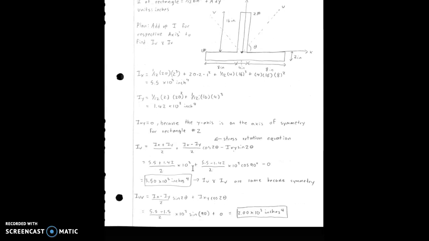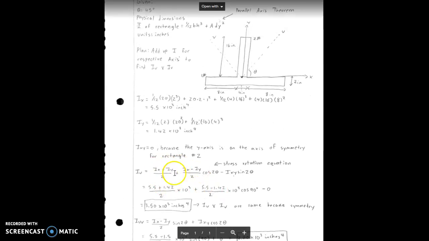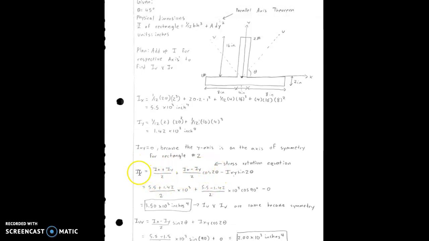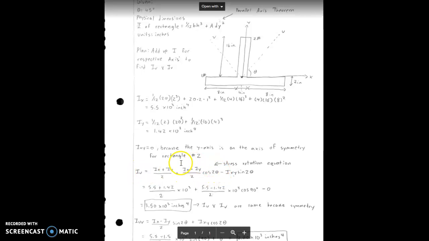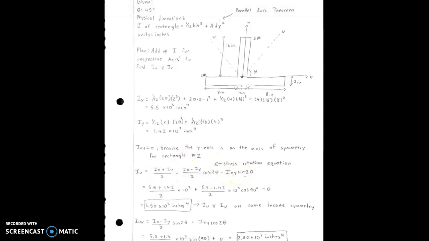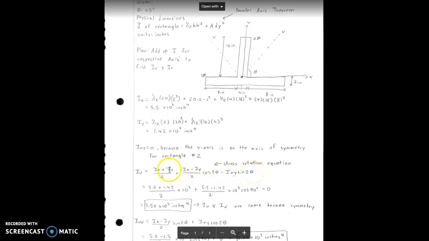Please let me know if you have any questions, and I would also like to get more information on these equations because I don't really remember this in statics, or maybe we kind of briefly brushed up on it. I would like to know more about these equations and how to derive them.